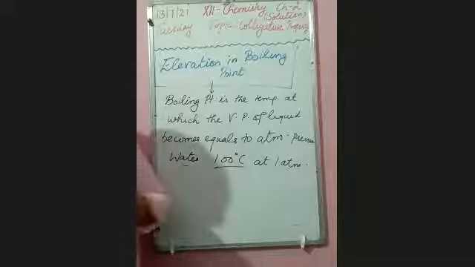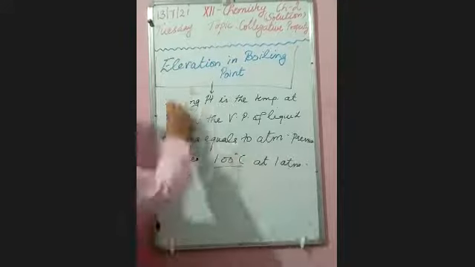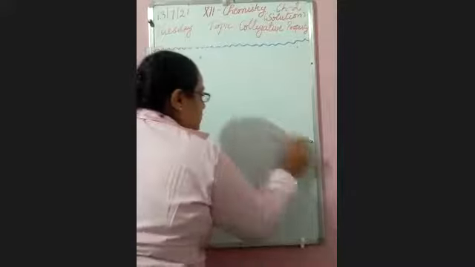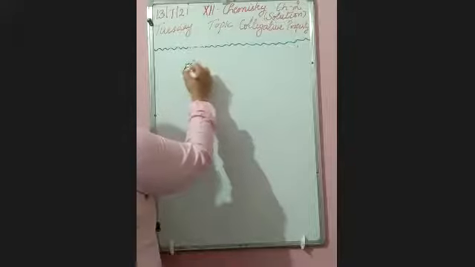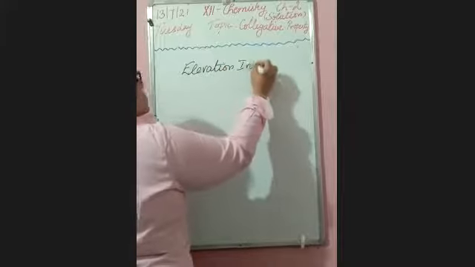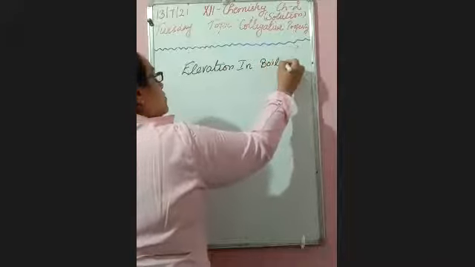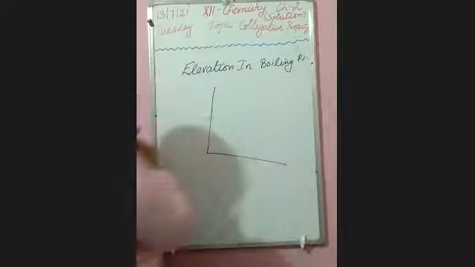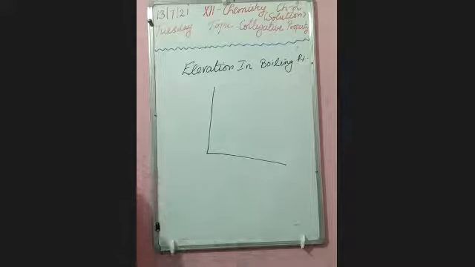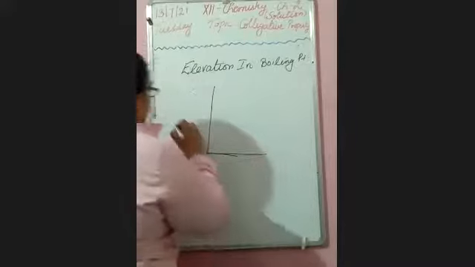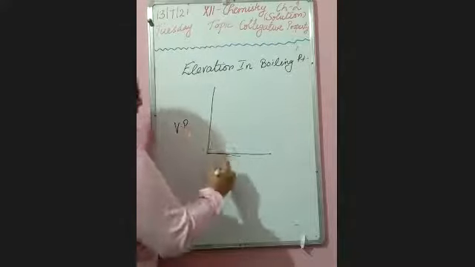Now I am going to discuss the elevation in boiling point with the help of a graph. Suppose I am going to plot a graph between vapor pressure and temperature.